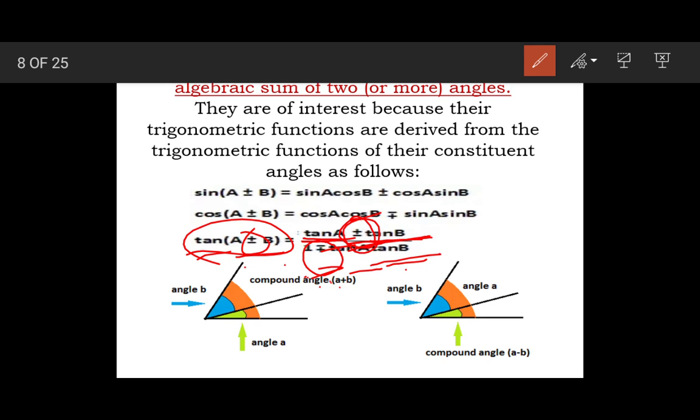So once again let us revise the formula for tan.